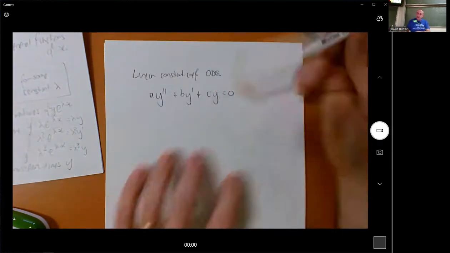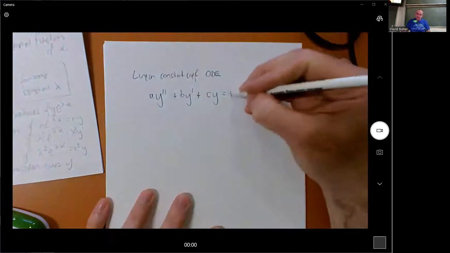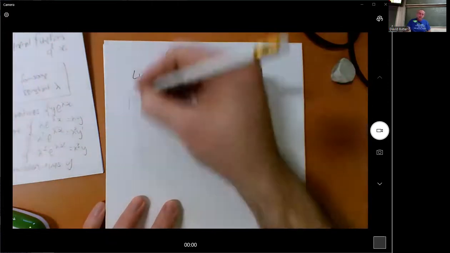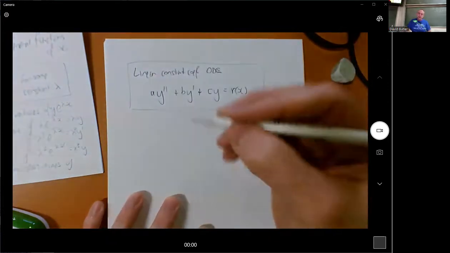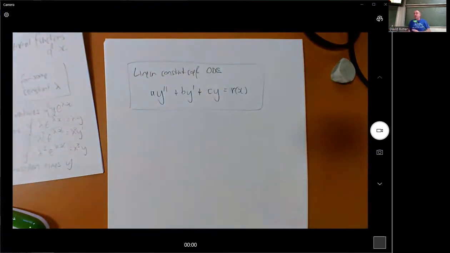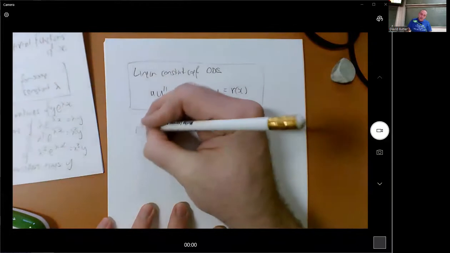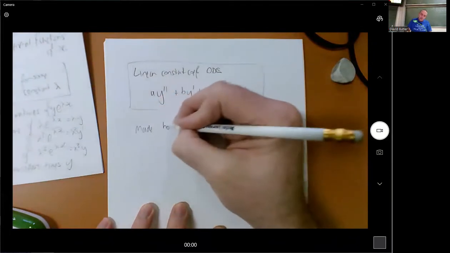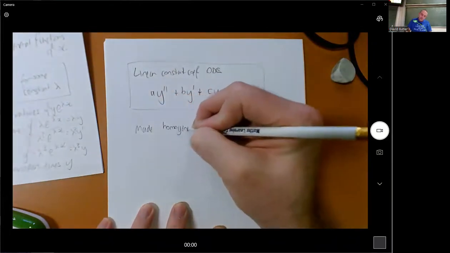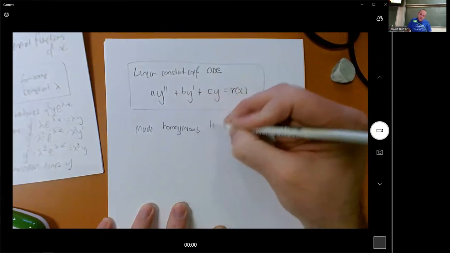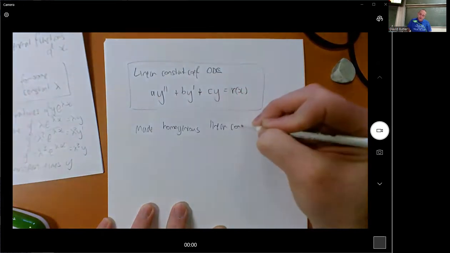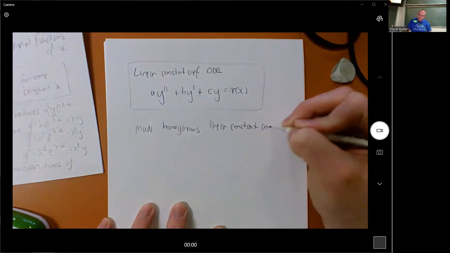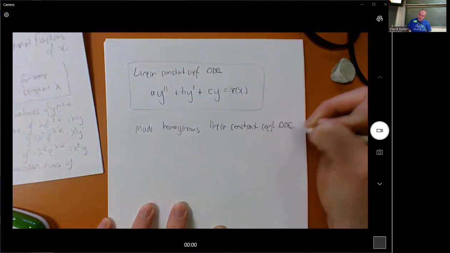It had an Rx in this spot here. And then what we did is we actually solved this other, partially different ODE, a homogeneous linear constant coefficient ODE.